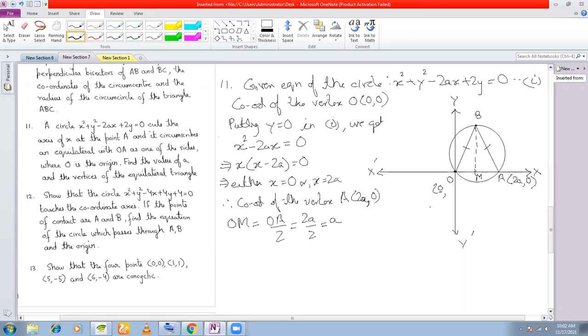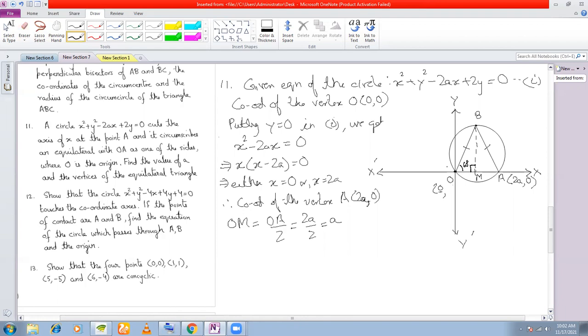Now see, in order to find out the length of BM, you see that this angle here is 90 degree, obviously, because we have drawn a perpendicular. This angle is 60 degree, isn't it?